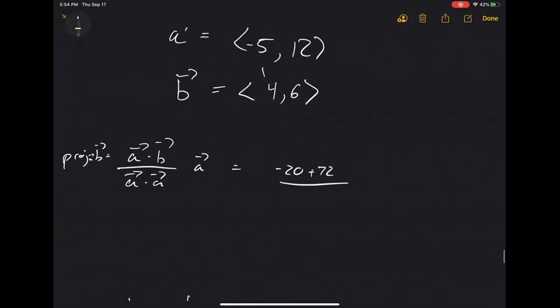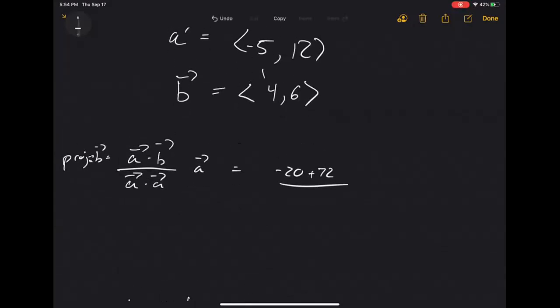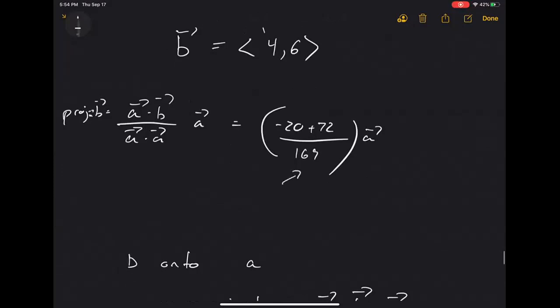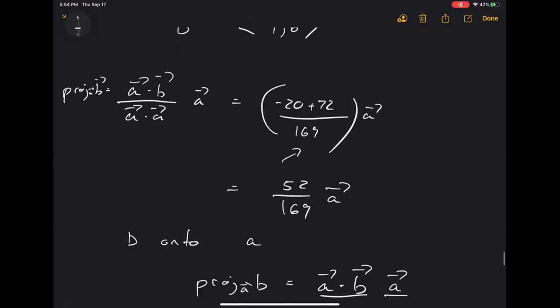Okay, what's A dot A? That'd be 25 plus 144, so it's what, 169? And then I have my vector A. So this is just a number, this is just a scalar.